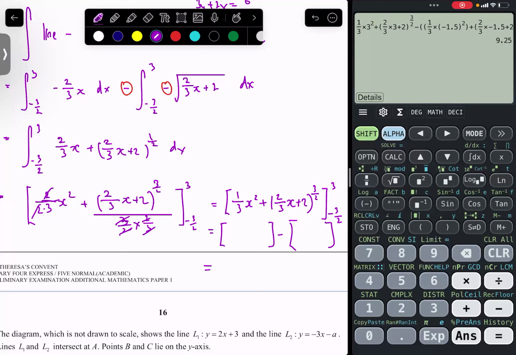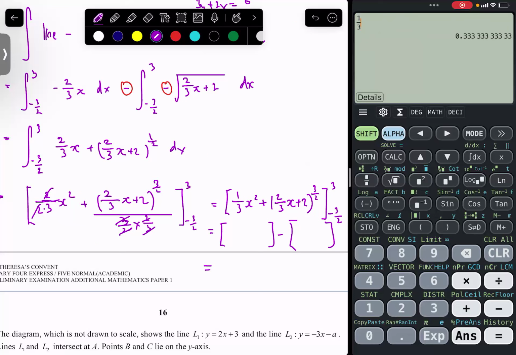So that's 9, 9 plus 3, 12 minus 3. No. Wait, sorry, this is supposed to be minus. Hmm? Okay, this is plus. Minus. Okay, wait, let me try again.